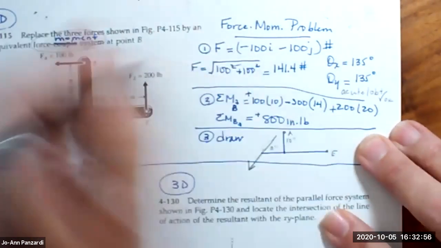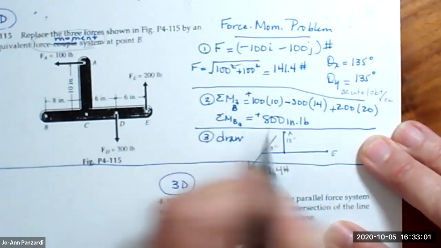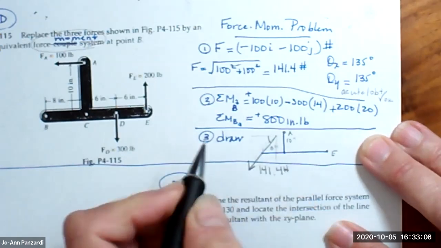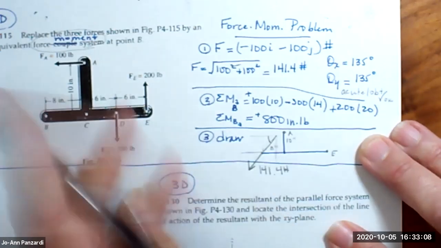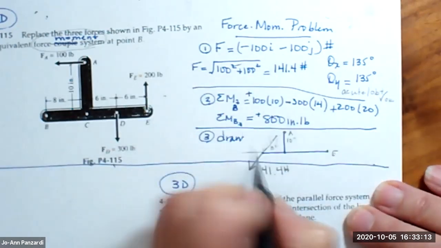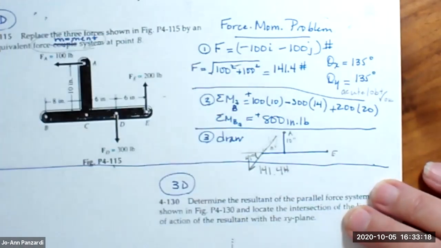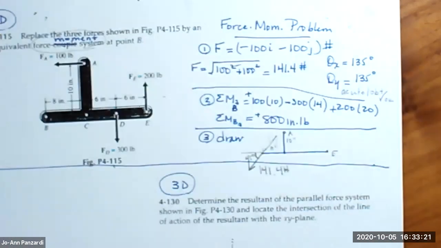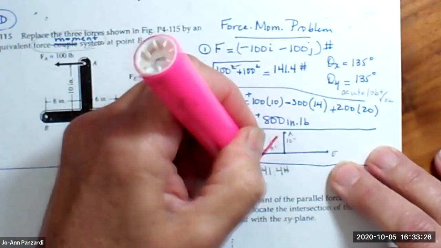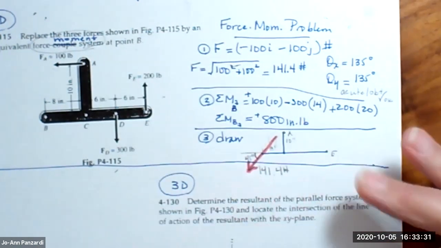Here's my resultant force. It's 141.4 pounds. And let's just draw the angles. The angle right here, I guess I should probably draw it off the beam instead. Probably would look clearer. This is 45 degrees. So I know this force is going down, negative x and negative y. The magnitude is 141.4 pounds.